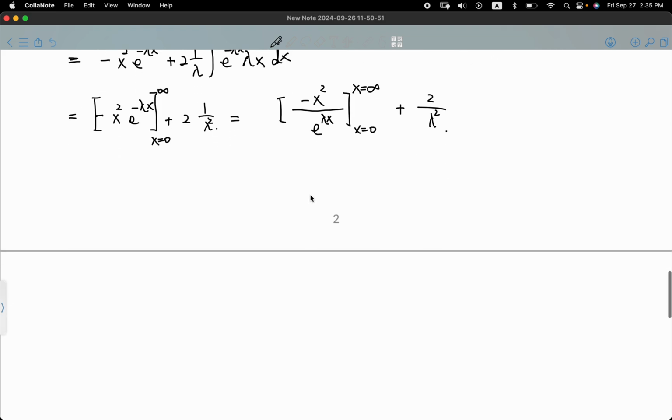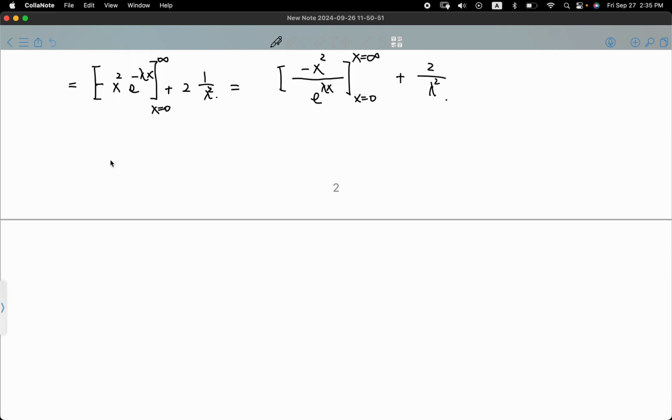So you need to use the L'Hopital rule again. So you will have, as x goes to infinity, negative 2x over lambda e to the lambda x. However, this also ends up with the negative infinity over infinity situation. So you need to do it again.